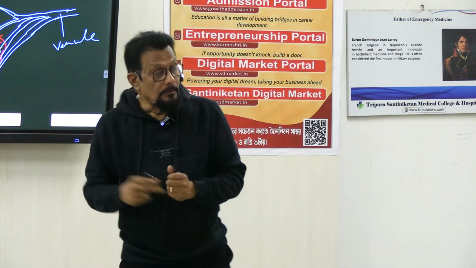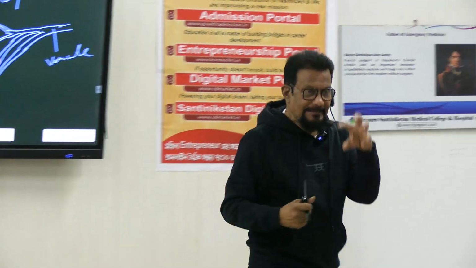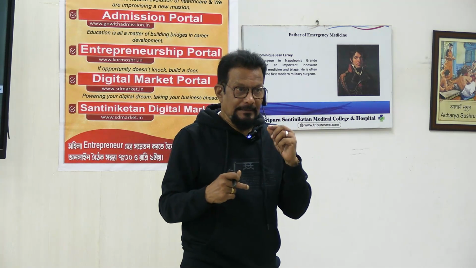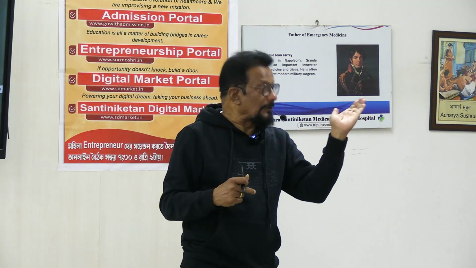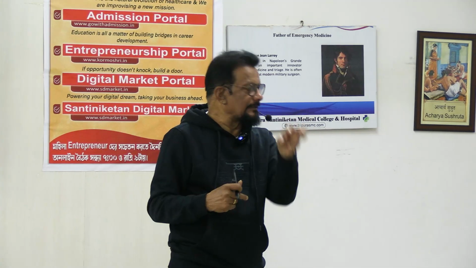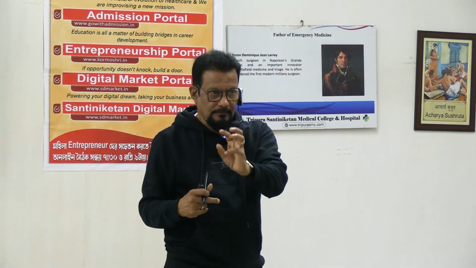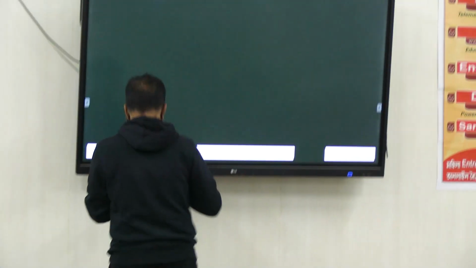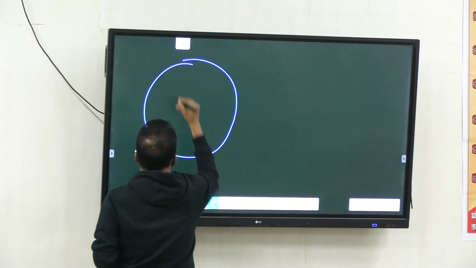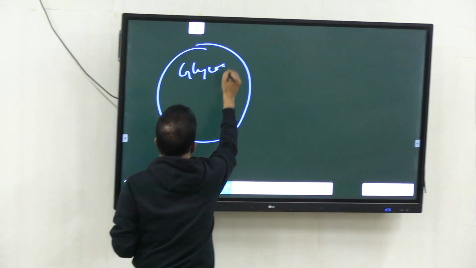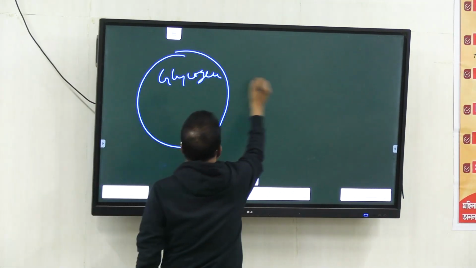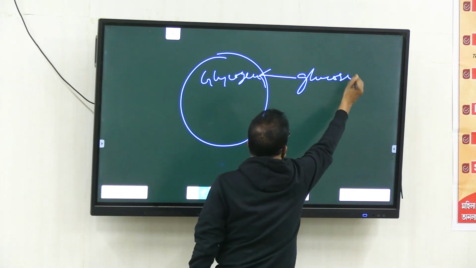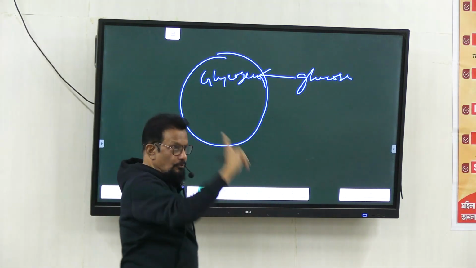Okay, so in such case, when there is decreased blood sugar level, liver immediately undergoes glycogenolysis and liberates glucose from glycogen. So liver cells are having glycogen. It is formed from glucose when blood sugar level was high.